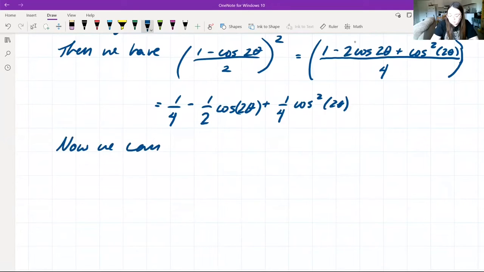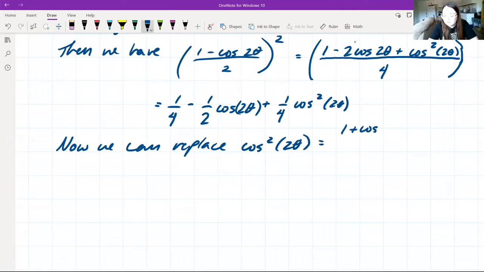So now we can replace cosine squared of 2 theta with 1 plus cosine of 2 theta divided by 2. So we're using our double angle formula again and plugging this in.